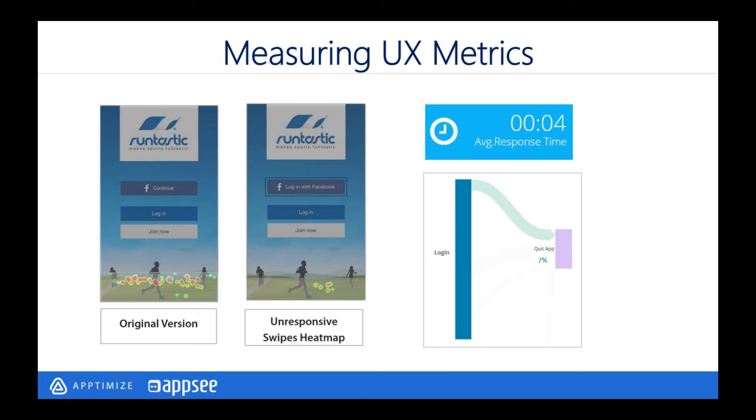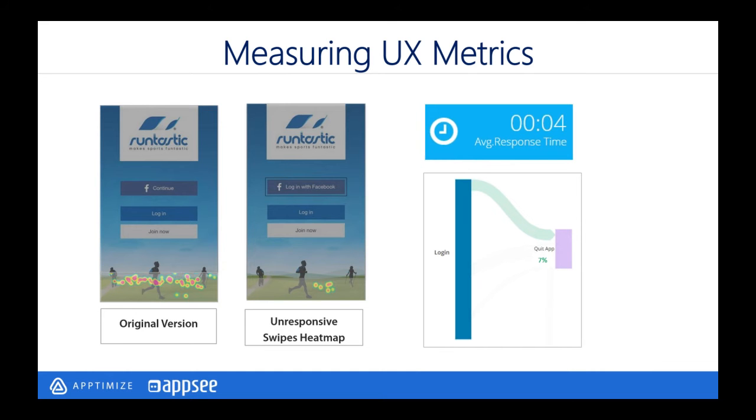We can see that it dropped from 7 seconds to 4 seconds, another reinforcement to the change that we've made. And finally, we can see that now only 7% of visits to the login screen actually end up in an app quit. So we have reinforcements to all the metrics we measured before the test.